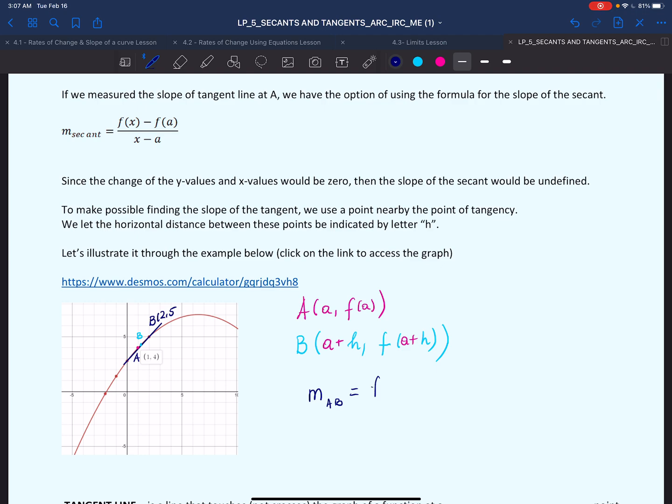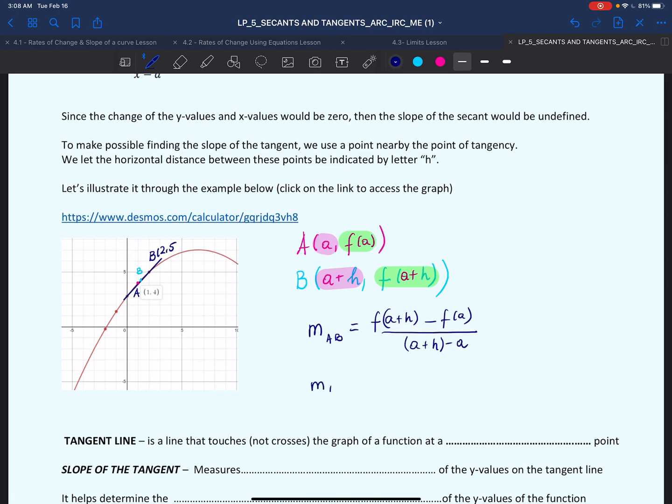So it will be f of A plus h minus f of A over A plus h minus A. In a more simplified form, this would equal f of A plus h minus f of A divided by A plus h minus A, which is h.